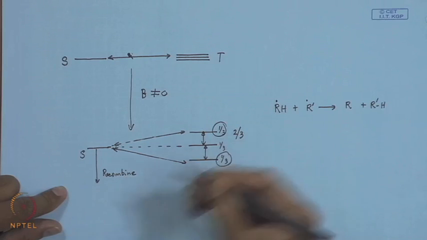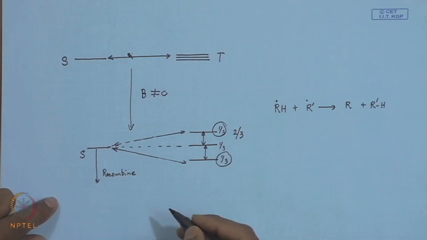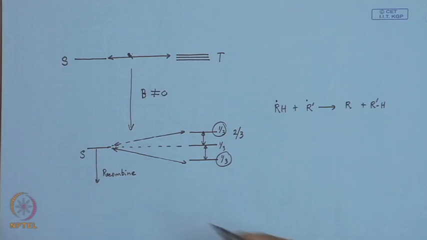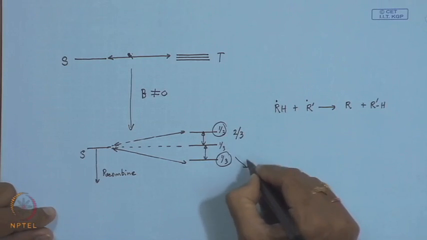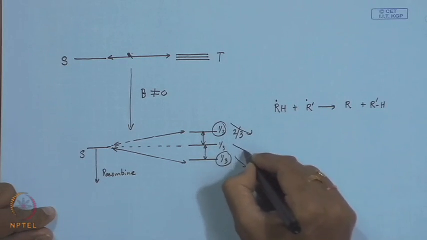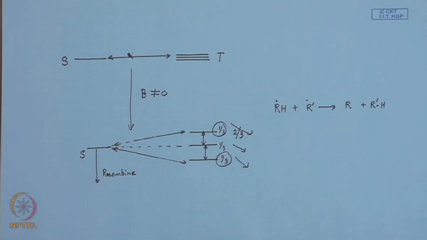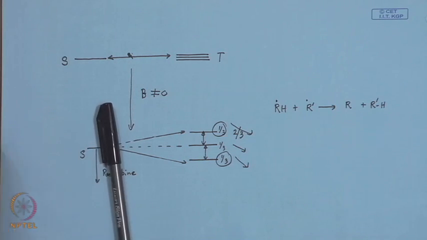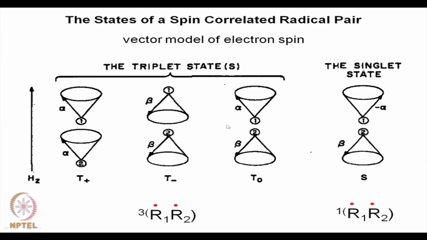And here, when the system is in the triplet state, what will they do? They will simply escape. If the system is in triplet, they will have the least tendency to recombine. Because of their spin arrangement, unless these spins are like this, they will not form a bond.